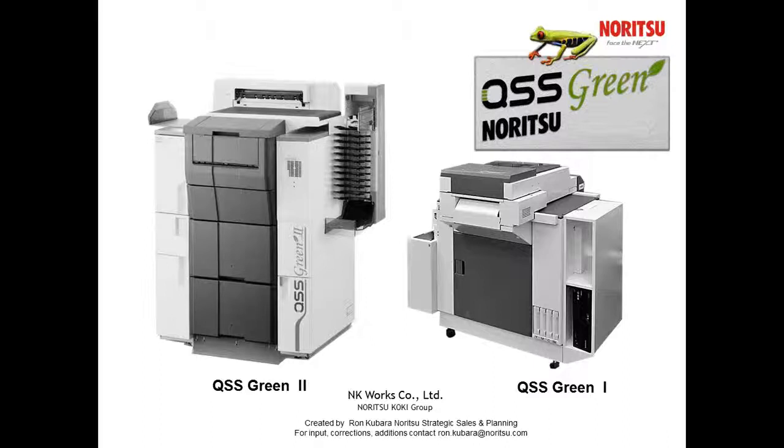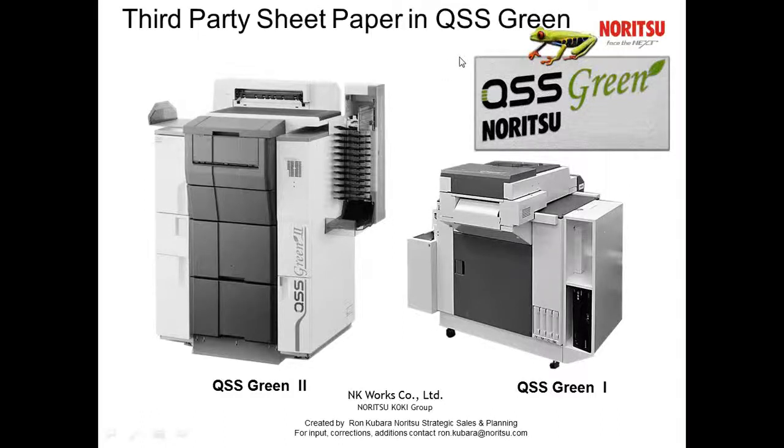What started my quest for information on ink technology was the introduction of our QSS Green series. On our QSS Green series, we brought a new feature to the market, and that was utilizing third-party sheet paper.